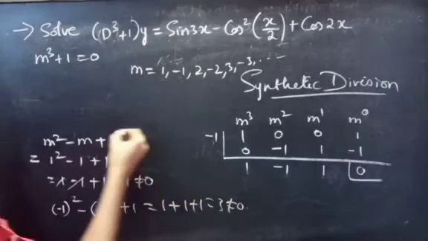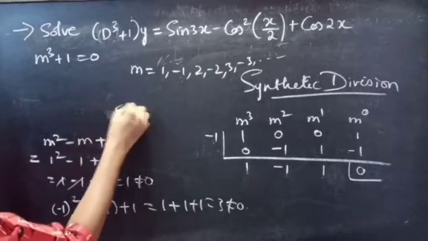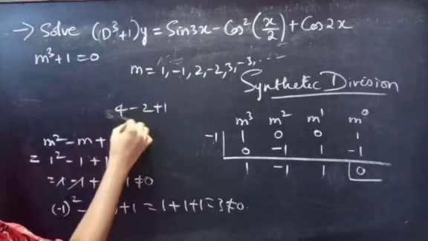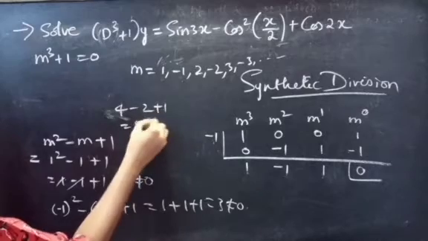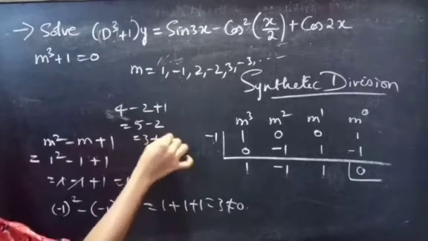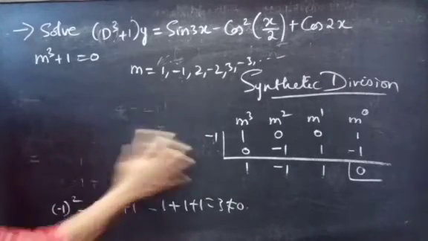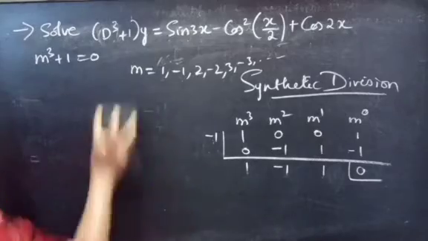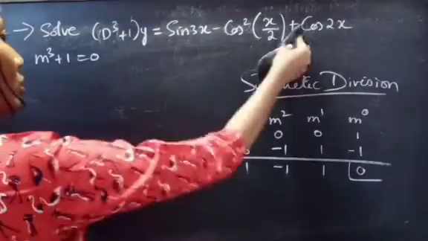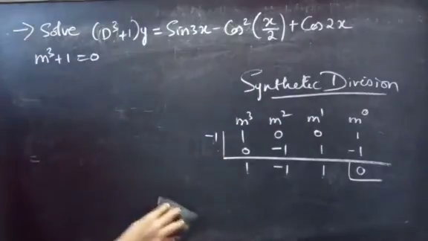Likewise, if you take 2, you'll get 2 square is 4 minus 2 plus 1, which is equals to 4 plus 1, 5, minus 2 is 3, non-zero. Likewise, no m satisfies this polynomial. So what we'll do, we'll just use the quadratic formula to find the roots.